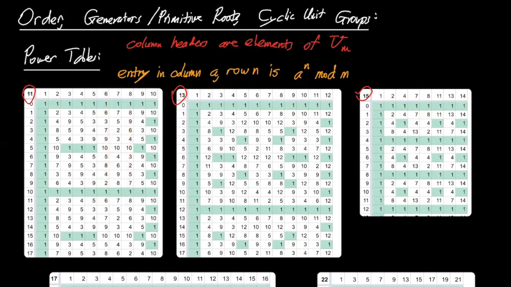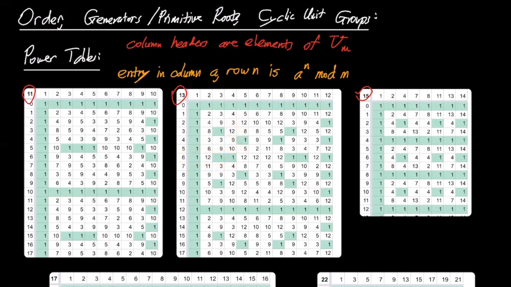The first thing I want to notice is if you start with anything, like the powers of 4 mod 13. So 4 to the 0 is 1, times 4 is 4, times 4 is 16, which is 3 mod 13. Then you get 12, 9, 10, and then you get to 1 at the sixth power.